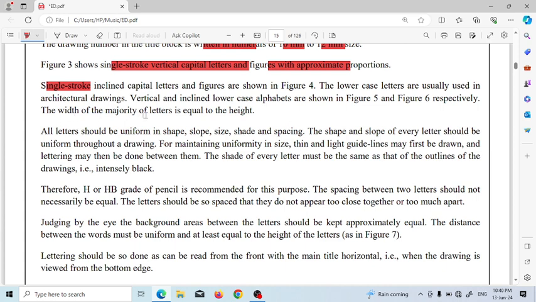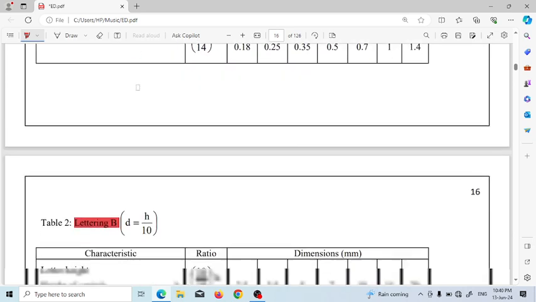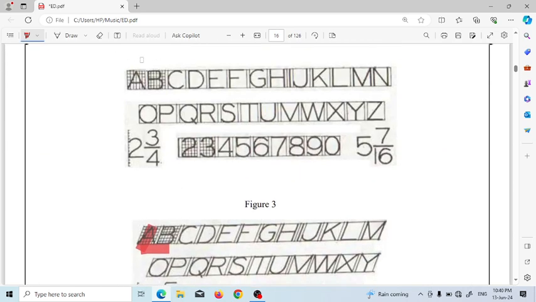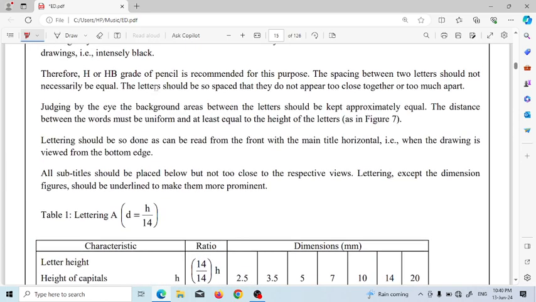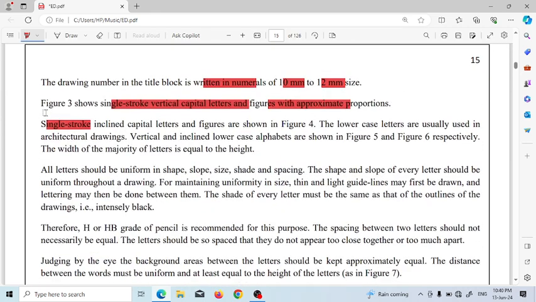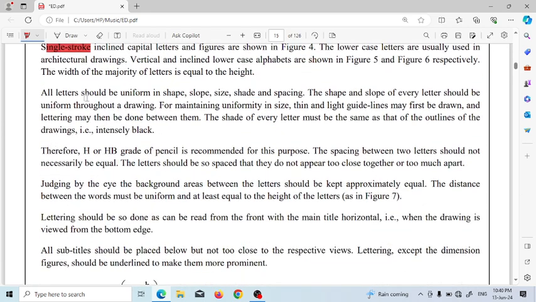The width of the majority of letters is equal to the height. So this is width and this is height. Equal space. Next, all letters should be of uniform shape, slope, size, shade, and spacing. The shape and slope of every letter should be uniform throughout the drawing.